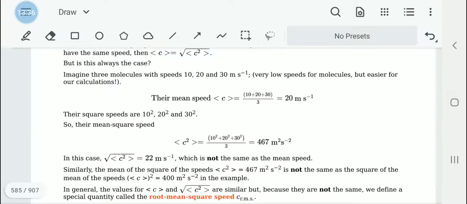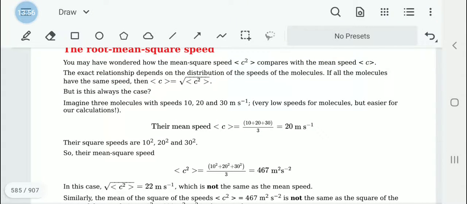So when we get the square root of it, we get 22. But that is not going to be the same as the mean speed, right? So in the earlier equation, we said that the average speed, mean speed is going to be equal to the mean square speed.